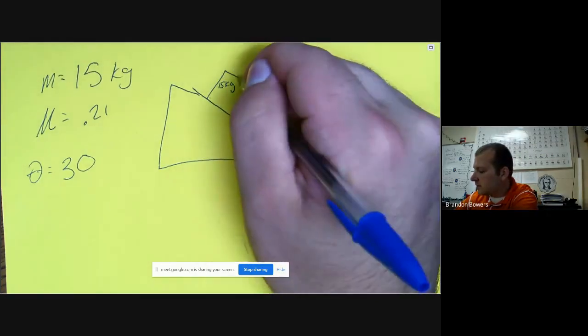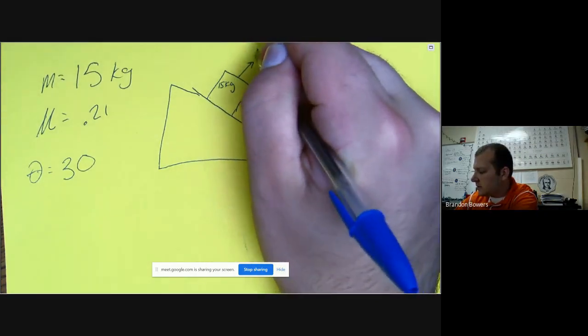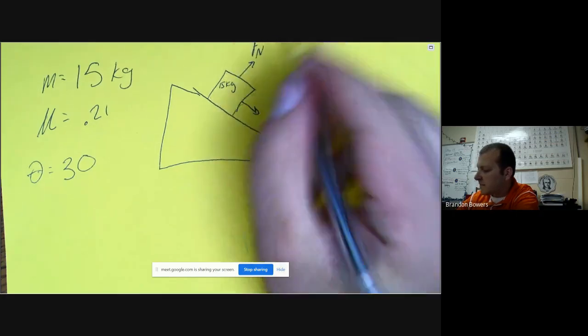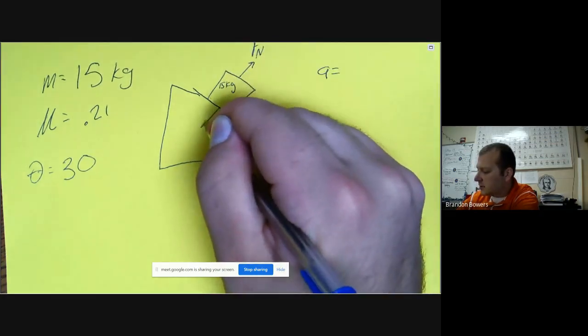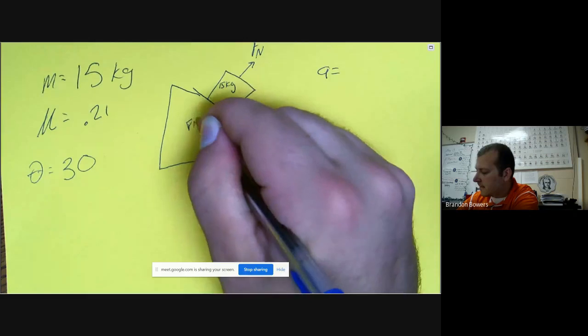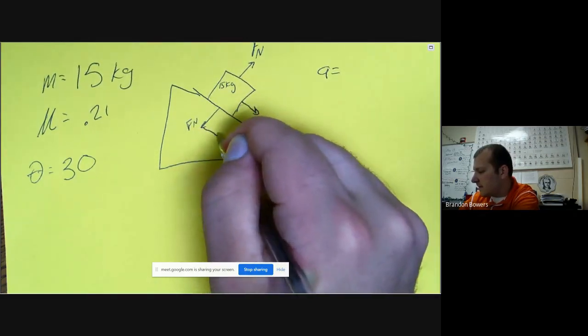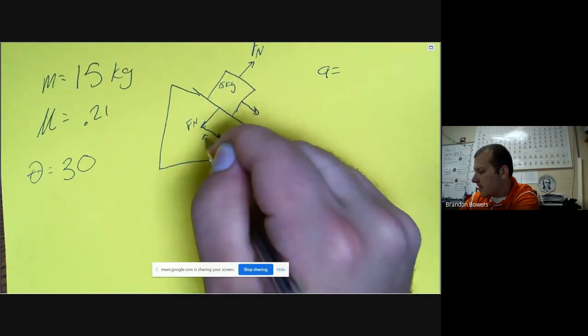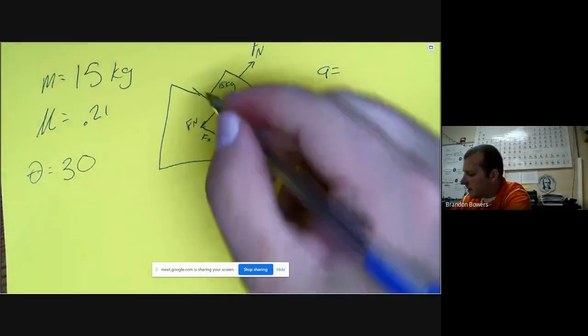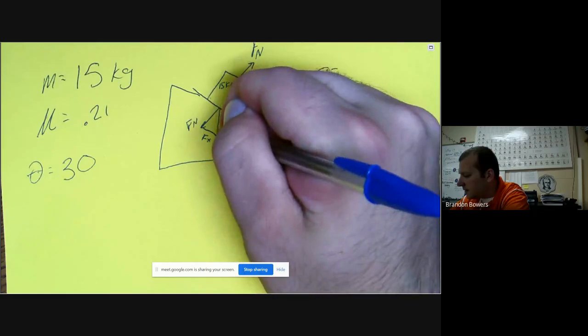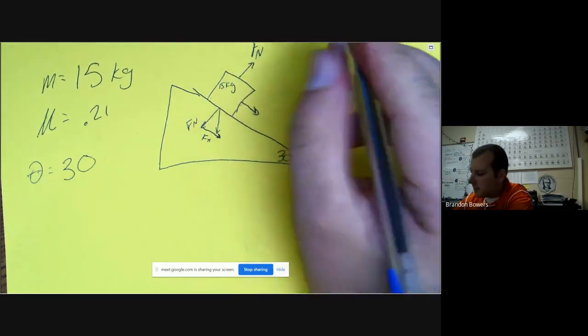We know force normal goes up, so force normal goes this direction. We know force in the x direction goes that way. And we know the force of gravity goes straight down.